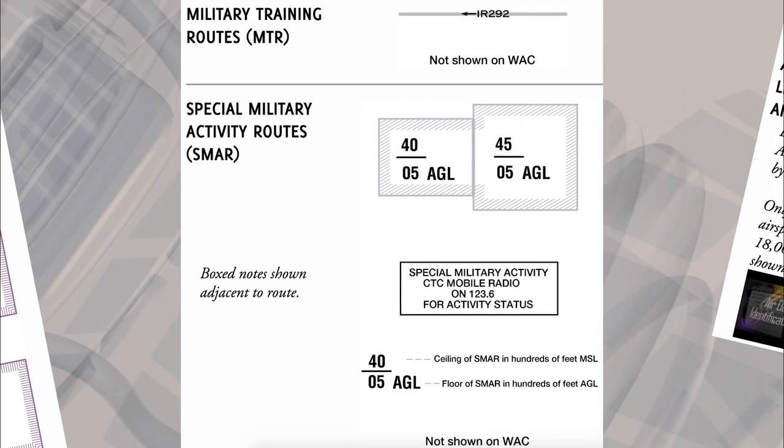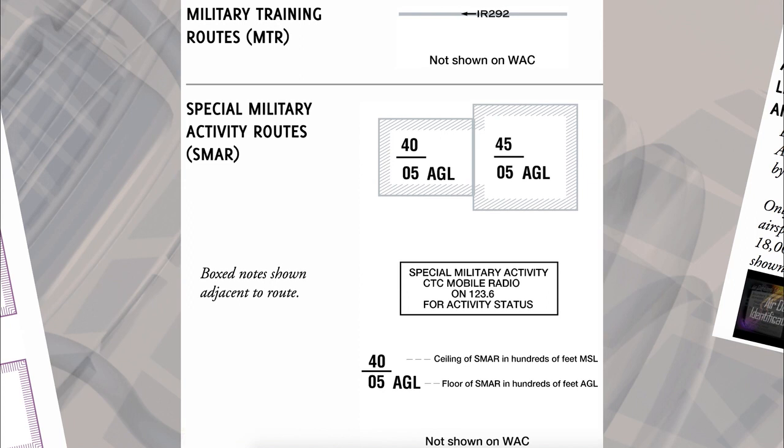And then we have military training routes, much of the same. These are just routes that go through, they're flying from one location to another, and this is on the way to, you're going to see these gray lines and an IR or a VR to determine whether it's instrument that they're flying or visual.